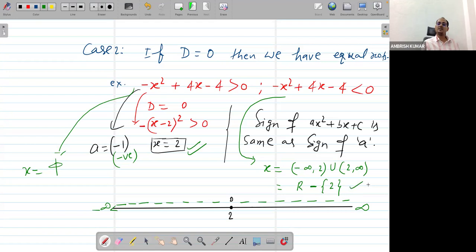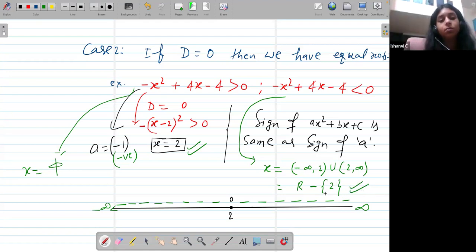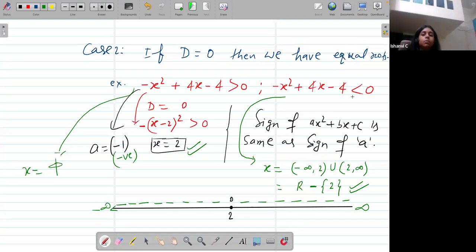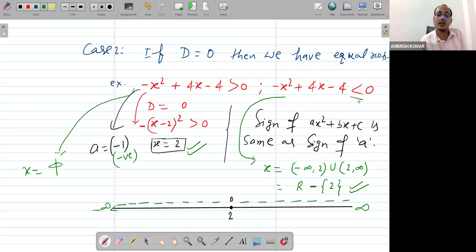So see, this is the answer for the second part. Got it? Yes, sir. We don't have to use an interval here because only one value has to be deleted from the set of real numbers. But if I give the equality sign here, simply the answer is x equals R.